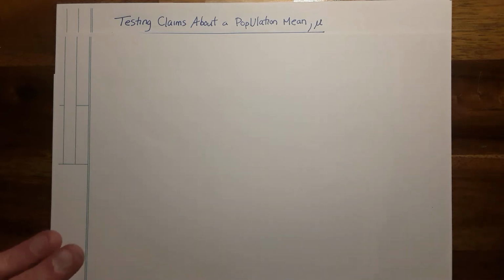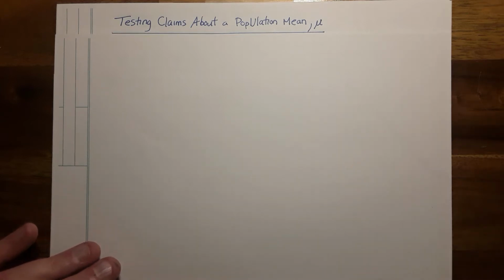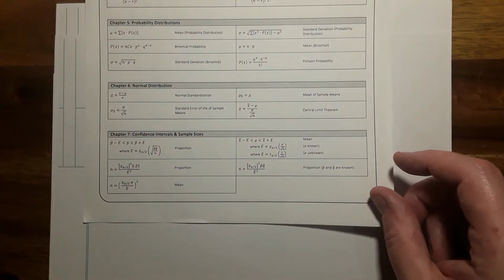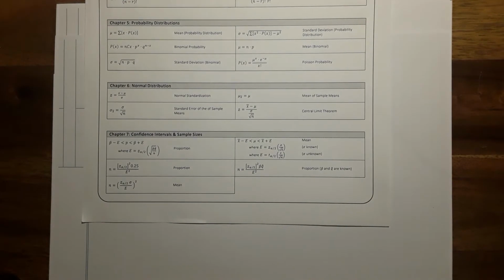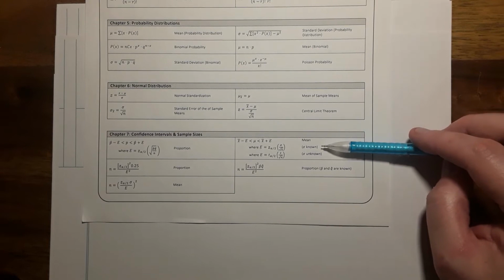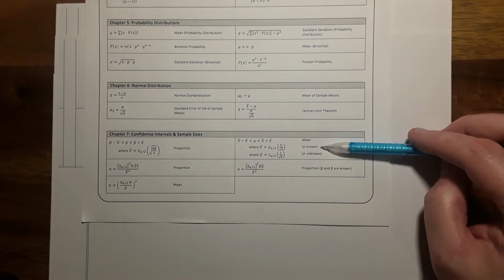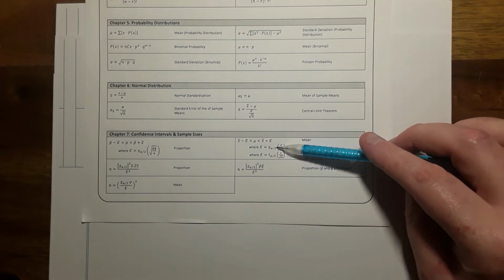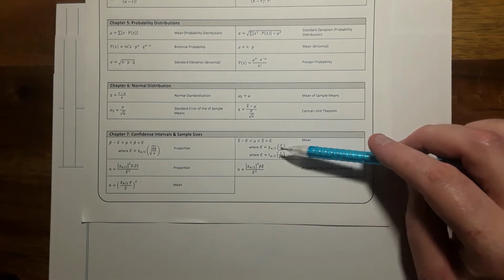And when we test claims about a population mean, the rule is basically identical to what we found when we did confidence intervals. So when we did confidence interval estimates for a population mean, when we knew the standard deviation of the population, we ended up using z-score as our value in our error estimate.